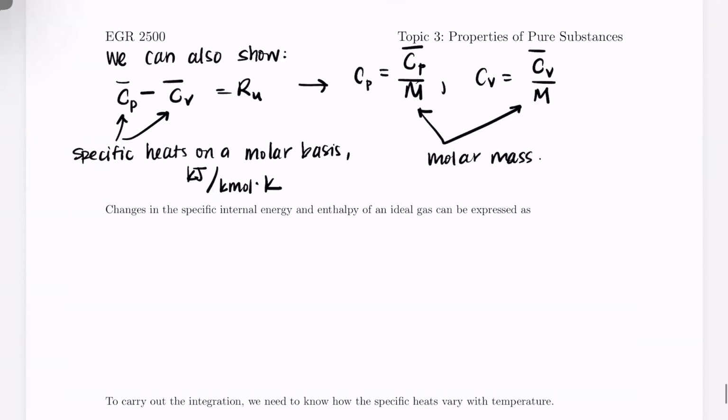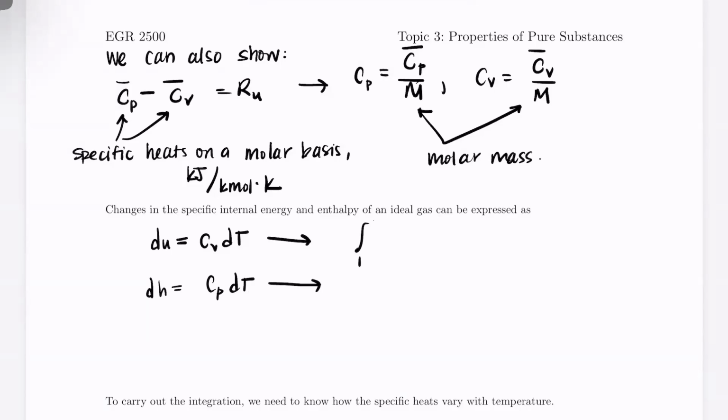Changes in the specific internal energy and enthalpy of an ideal gas can be expressed as the following. So we have that du is equal to Cv dT. I'm just taking that definition for Cv and splitting it up. And then similarly, dh is equal to Cp dT. So if we want to find the change in internal energy or the change in specific enthalpy, we would do an integral.